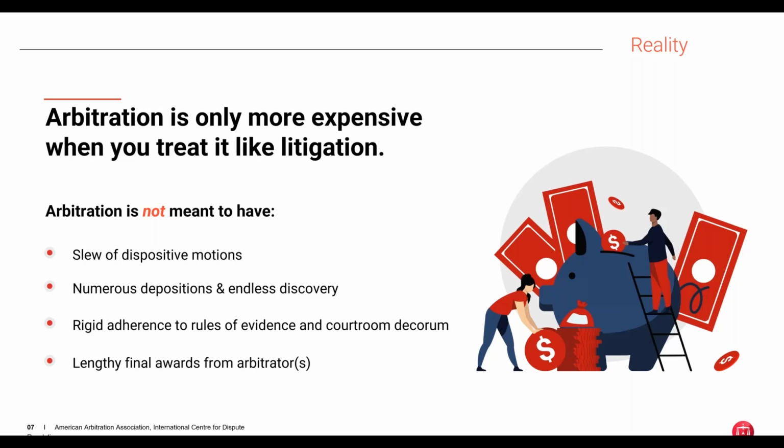What parties can do at the outset, as I mentioned earlier, is customize their arbitration agreement. They can certainly limit numbers of depositions if they allow them at all. They can certainly limit any of the discovery.